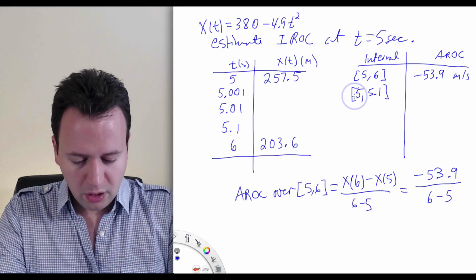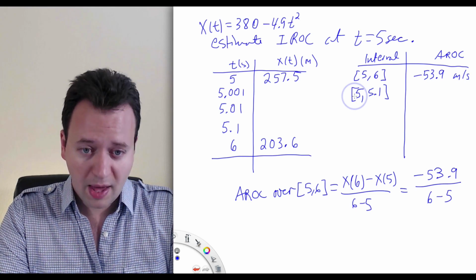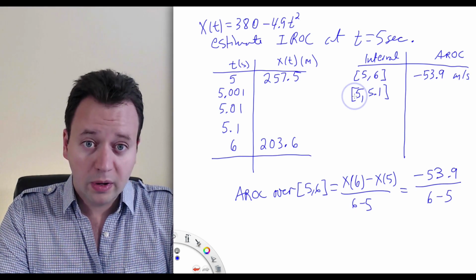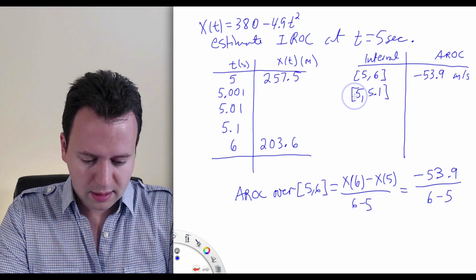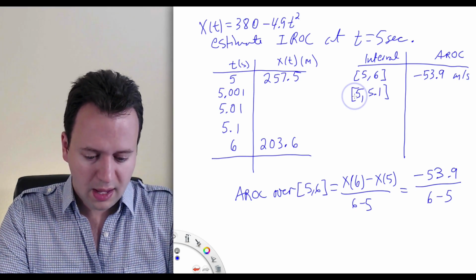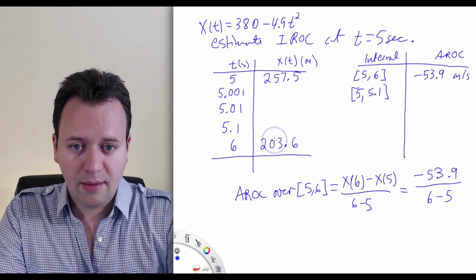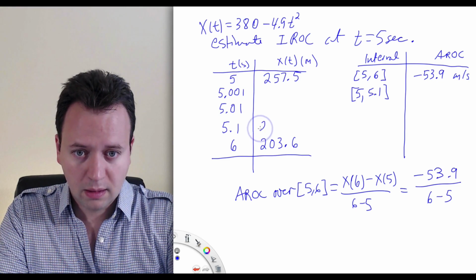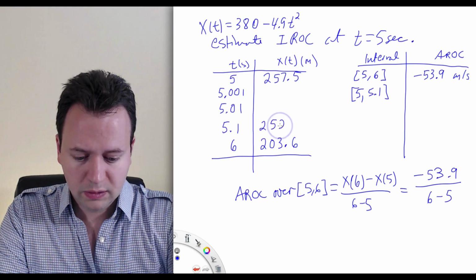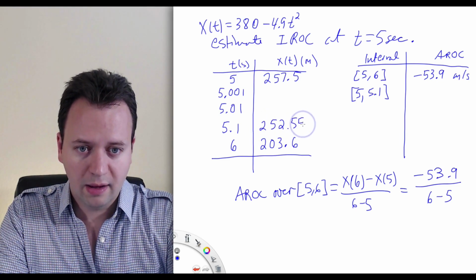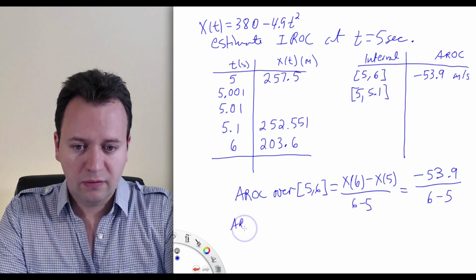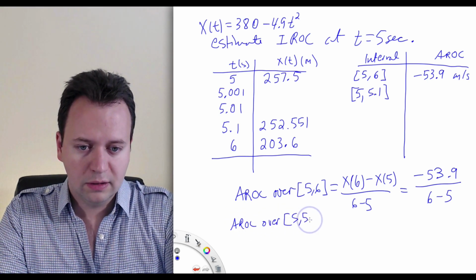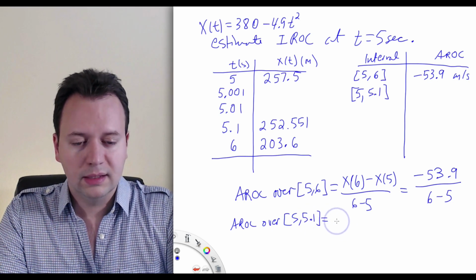So at 5.1, what is the height of the pebble? So we'll do 5.1 squared times 4.9 and subtract that from 380. And we see that at time 5.1, 252.551.